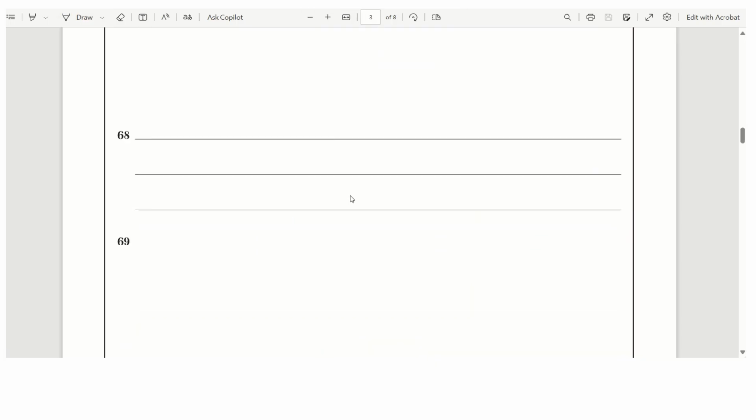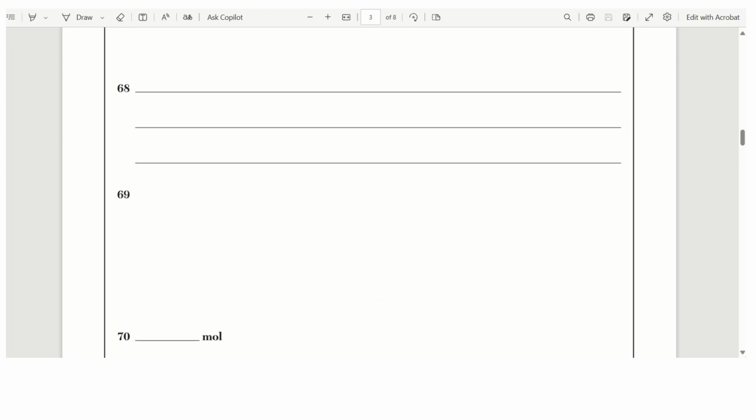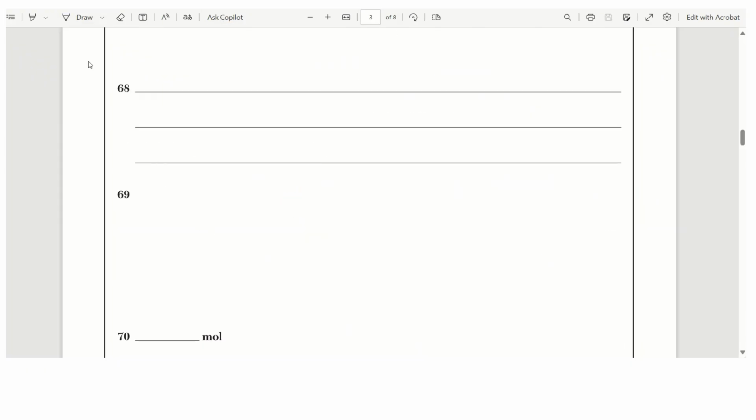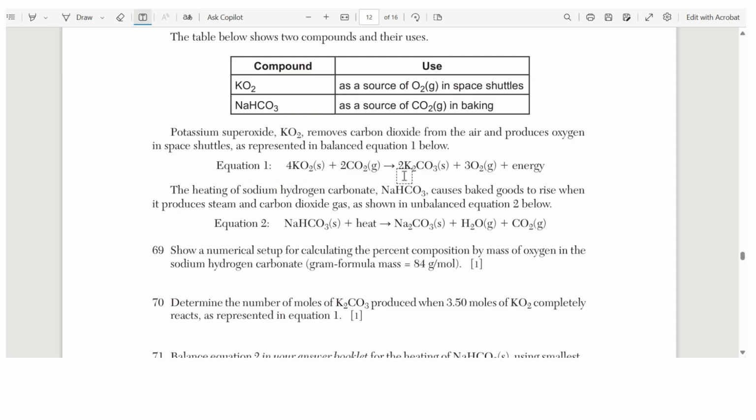So here we are for question 69. For percent composition by mass, I have mass of part over mass of whole times 100. Now, I was given the gram formula mass, and the gram formula mass is the whole.